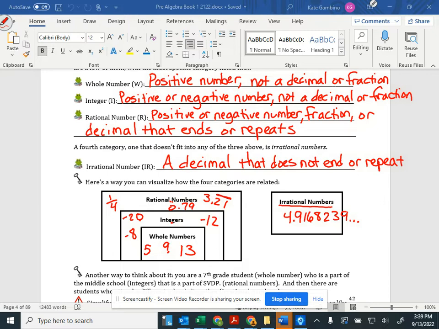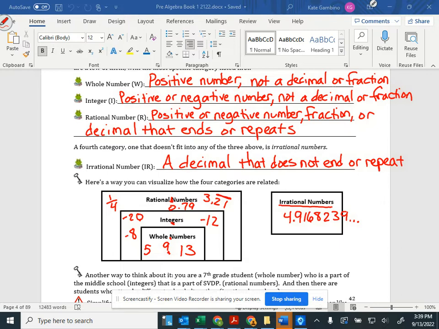Another way to think about it is if you are a 7th grade student, that would be a whole number, or down here, who is a part of the middle school, which would be the integers. If you're a student in the middle school, that is a part of St. Vincent de Paul, so that would be like the rational number. So we're in 6th grade, so 6th grade students that are in the middle school area, and we are in St. Vincent de Paul School.